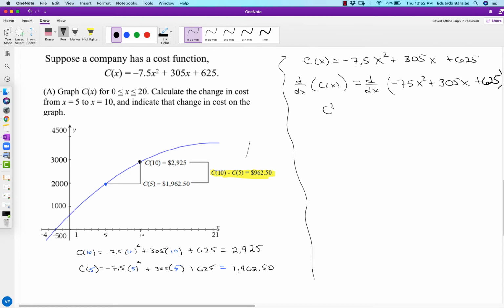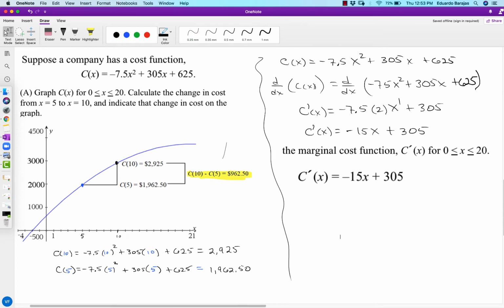So that means that C prime of x is equal to negative 7.5 times 2x to the first power plus 305, which means that C prime of x is equal to negative 15x plus 305.